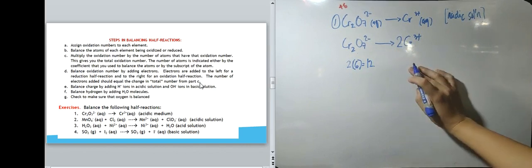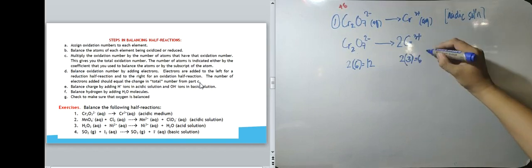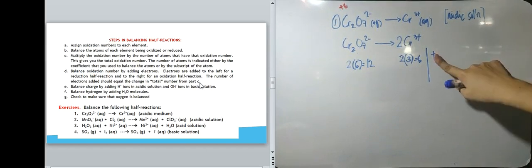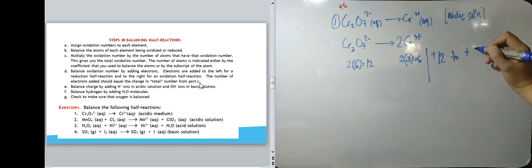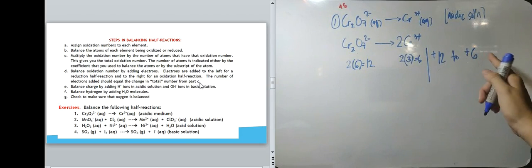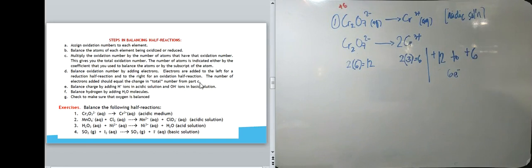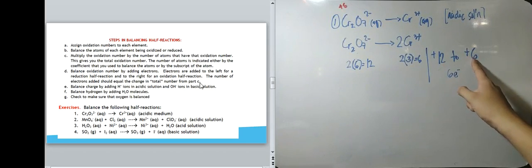While this one, 2, ano dito? 3 equal to 6. So, therefore, the chromium is from positive 12 to positive 6. So, therefore, kailangan natin ng, para mabalance siya, ilan ang kailangan? 6 electrons, right? And since it is reduction, no, na-reduce siya, yung 12 naging 6, reduction.